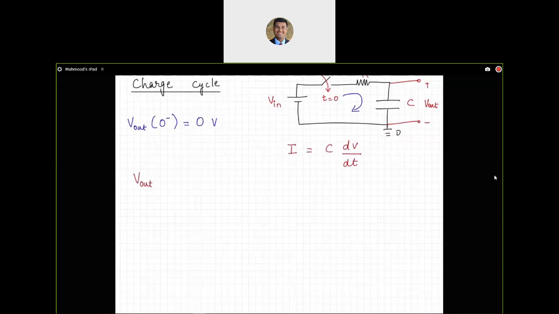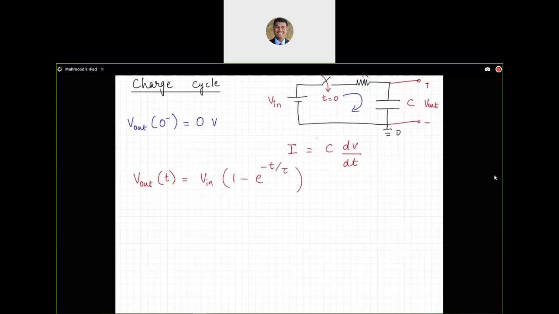V out, which is the voltage across the capacitor as a function of time, is equal to V in, which is the input voltage that I am providing, multiplied by 1 minus e to the negative t over tau.